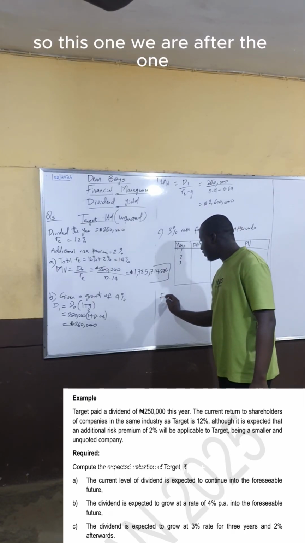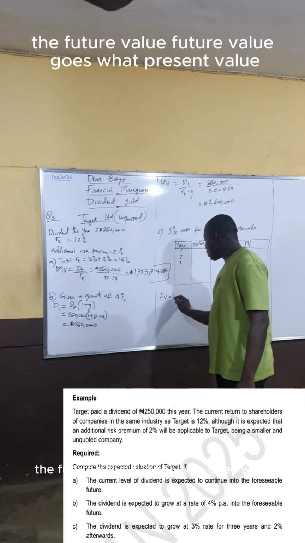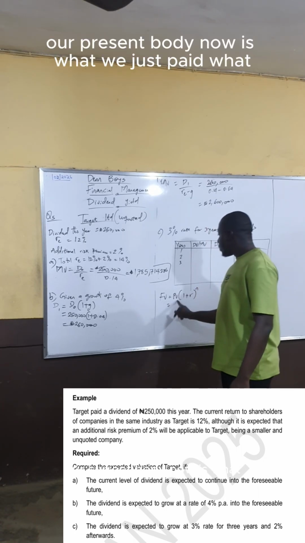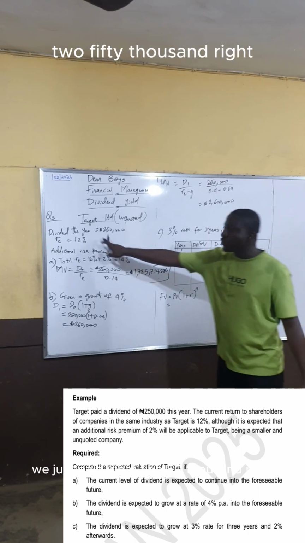So this one will be the future value. Future value equals present value multiplied by 1 plus our rate. Our present value now is what we just paid, 250,000, right?